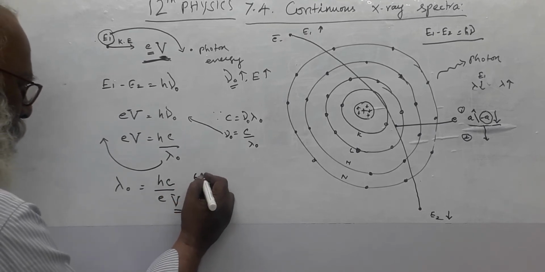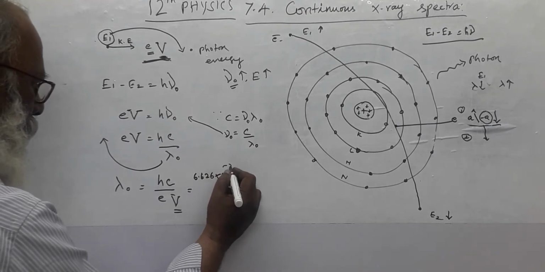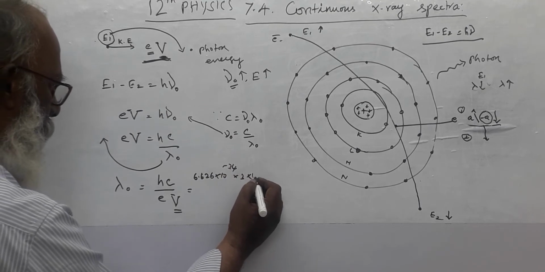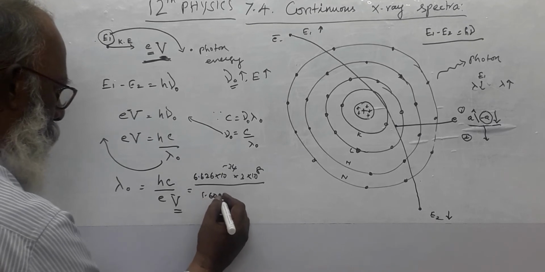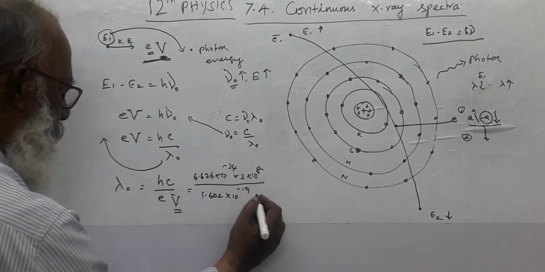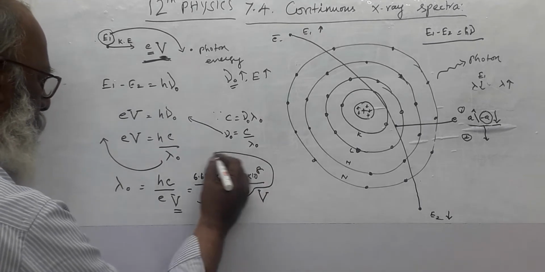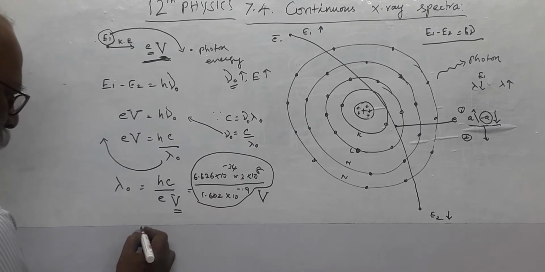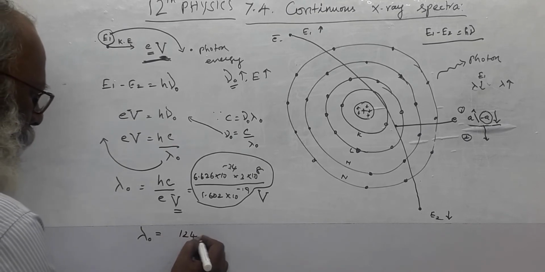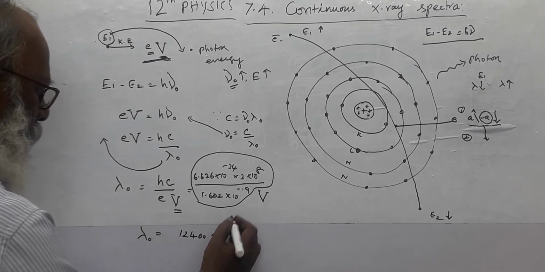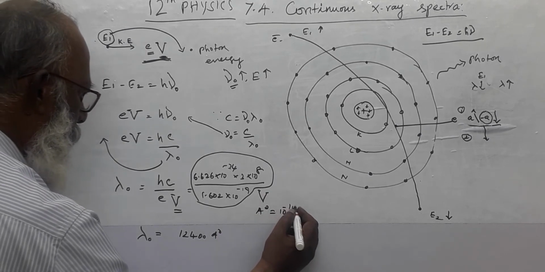By substituting all the known values, 3 into 10 power 8 per 1.602 into 10 power minus 19 into voltage, except the voltage these are all known. By solving this, we get the wavelength lambda as 12,400 Angstrom, where 1 Angstrom is 10 power minus 10 meter.